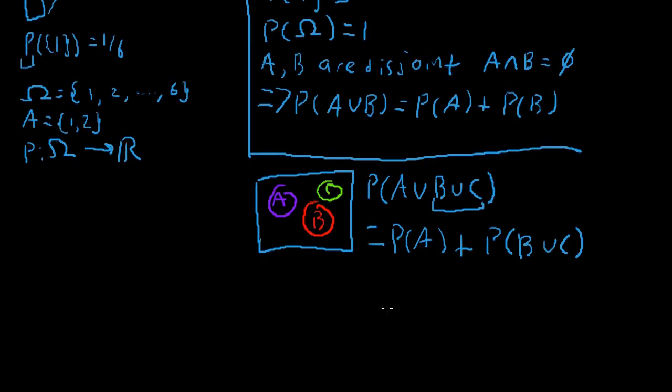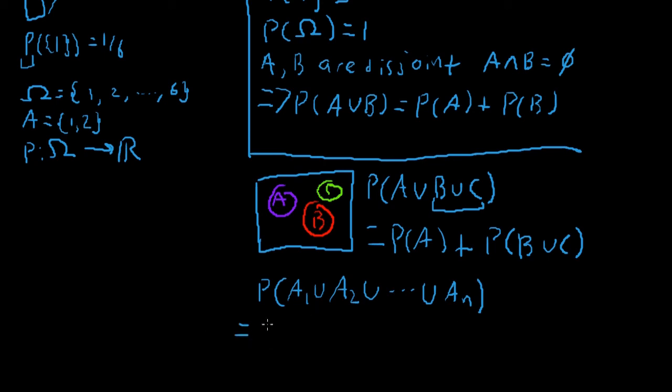And naturally, I think you can generalize this if you think about it a little. So what happens if we have the probability of A1 union A2, all disjoint, union dot dot dot, all the way up to union AN? So some arbitrary number of sets, they're all disjoint.